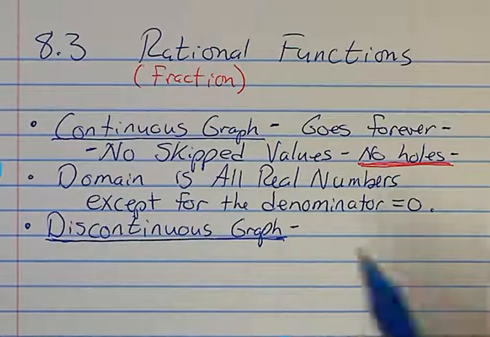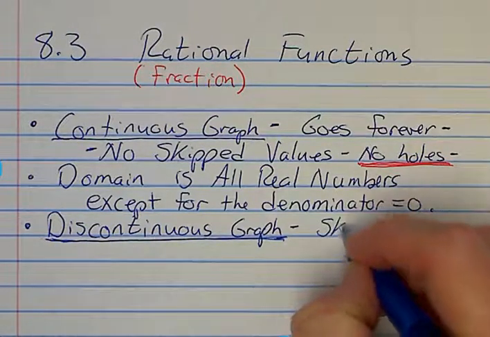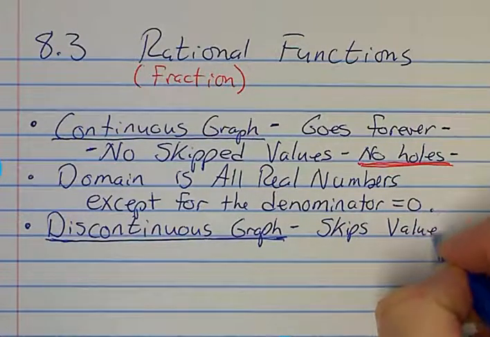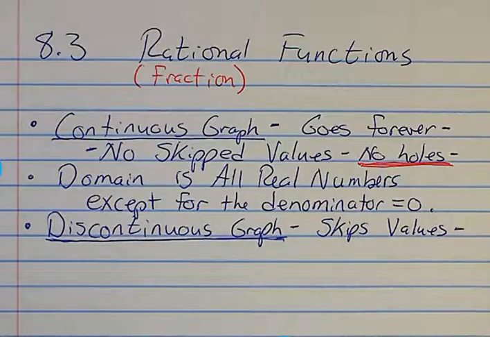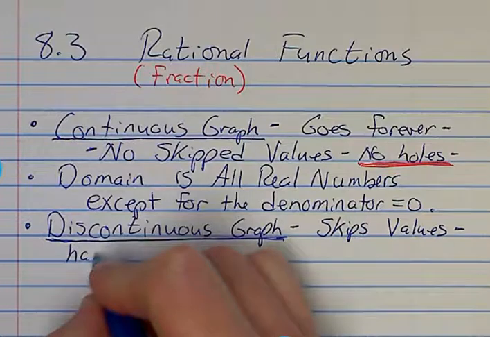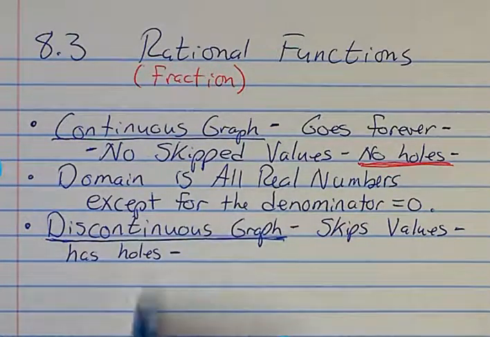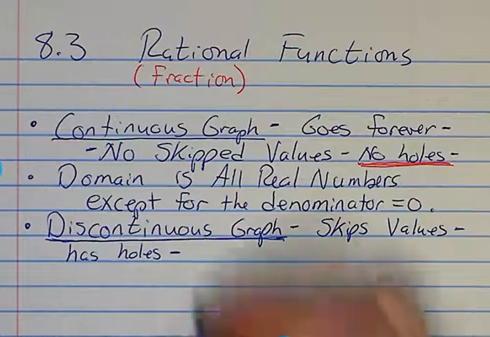So discontinuous means you're going to skip values, which means it has holes. And those holes are going to be where the denominator equals 0.